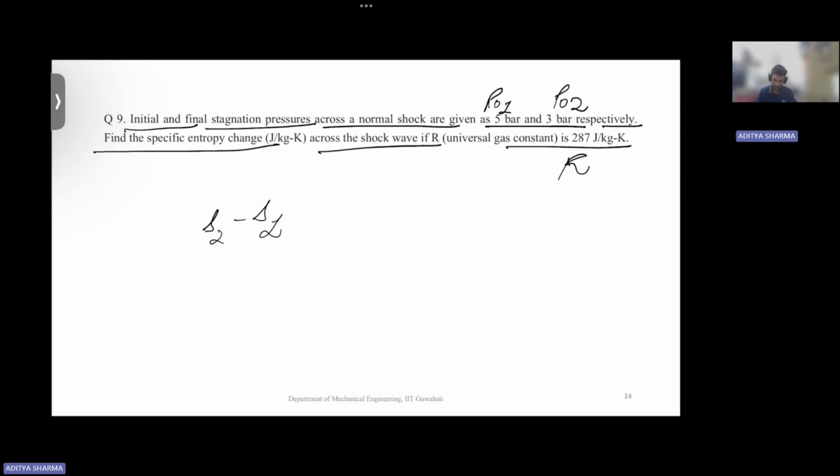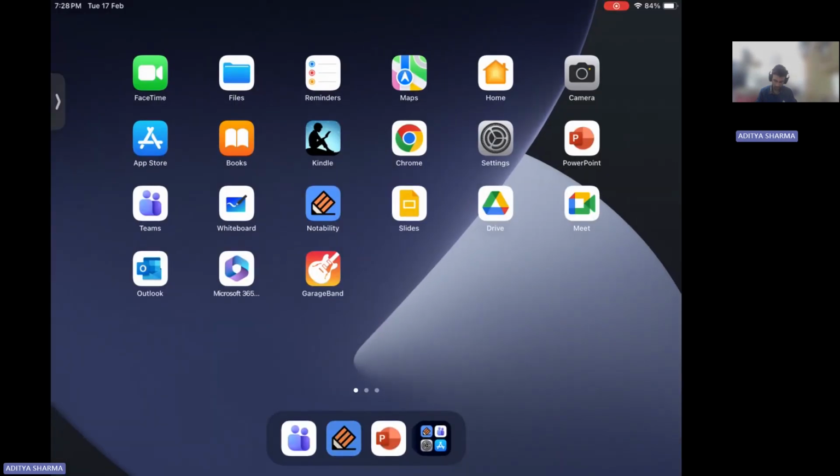S2 minus S1 has been asked that we can calculate.